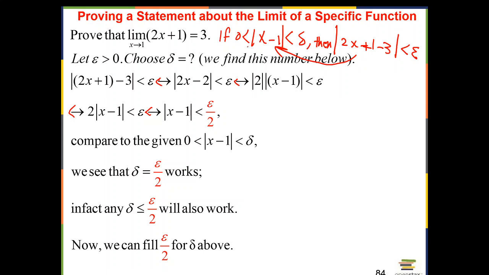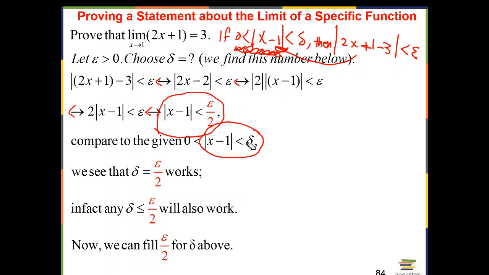You see, we have to keep an eye on this part, because we're trying to get that out of that expression. So we simplify this and see if we can get this out of it. It looks like we kind of got it, because if we divide both sides by 2, we get it. You see this right here? Now you compare it to this part.